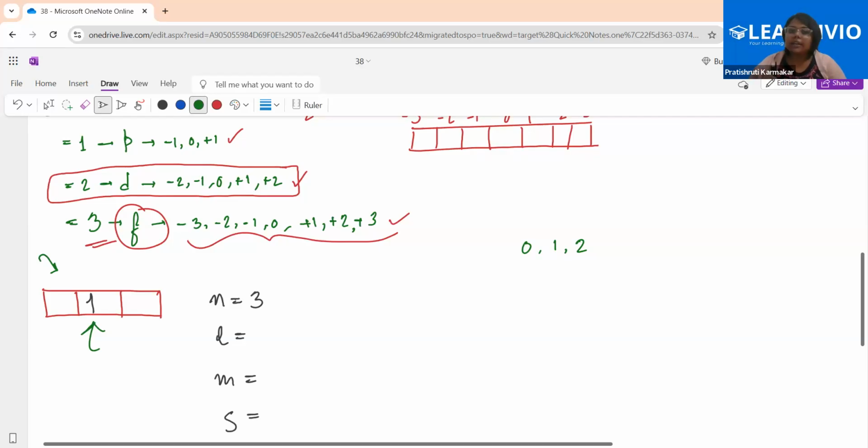You are absolutely right that if the value of n is 3, then the values of L will be 0, 1 and 2. But I have given you a specific case. So how many boxes are there? 3 boxes. So if there are 3 boxes, that means we will be having 3 m values, right? So if we have to have 3 m values, then what should be the value of L?